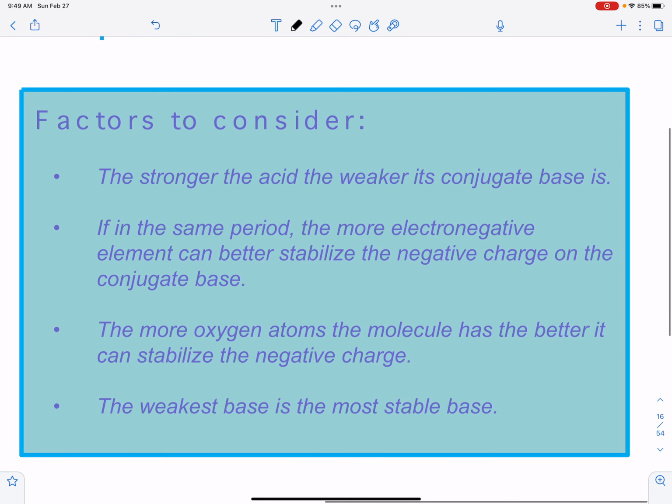The stronger the acid, the weaker its conjugate base. So if we have a base, the stronger the conjugate acid, the weaker the base is. It's always the opposite, right? The stronger the acid, the weaker the conjugate base. The stronger the base, the weaker the conjugate acid.